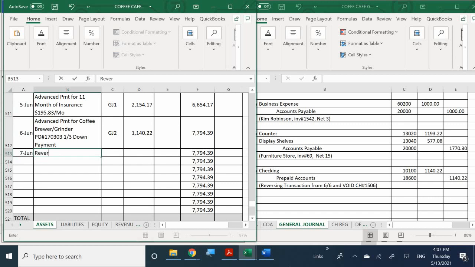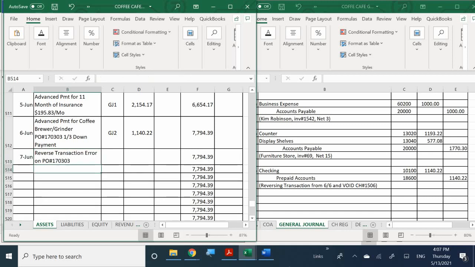You could do reverse transaction, or you could do error on purchase order number 170303. So there it is, general journal number 2. Since we're reversing it, we are going to credit the prepaid accounts because we're getting rid of it.